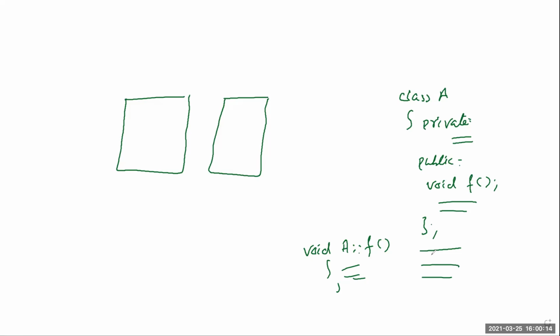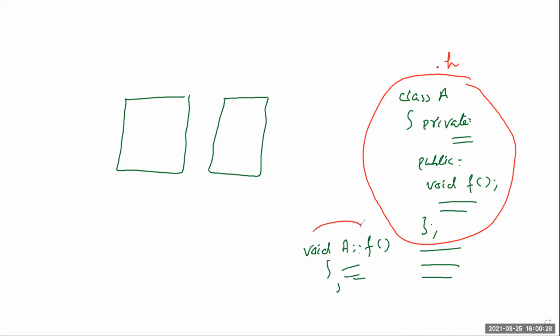Normally, the data and function prototypes, this part, we will keep in a separate header file, .h, and all the function definitions we'll keep in a separate file, which would be a CPP file.